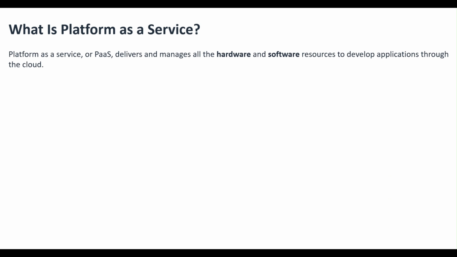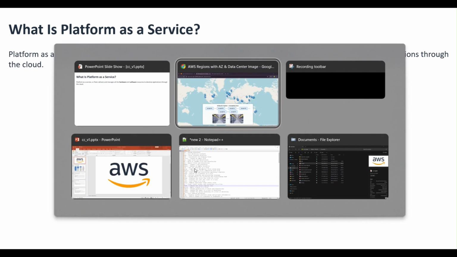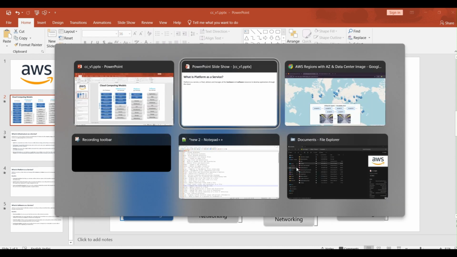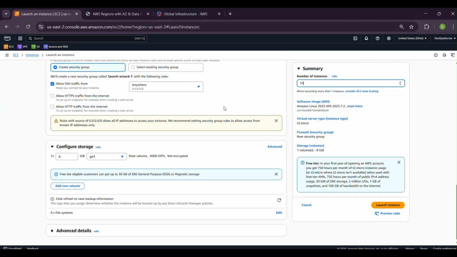Let's talk about platform as a service. Platform as a service delivers and manages all the hardware and software resources to develop applications through the cloud. Here, you have to maintain these things yourself, but with platform as a service, the cloud manages everything, even middleware and runtime. Only the application remains.